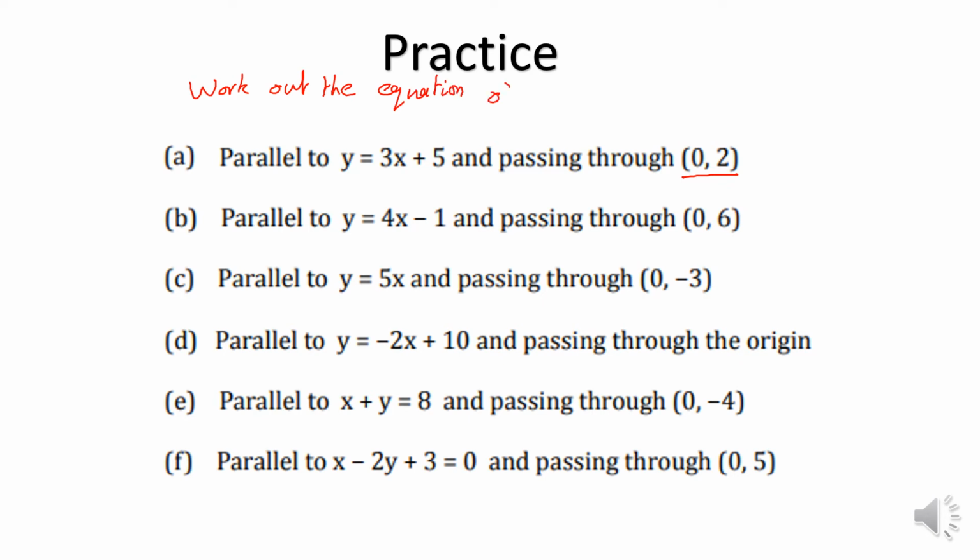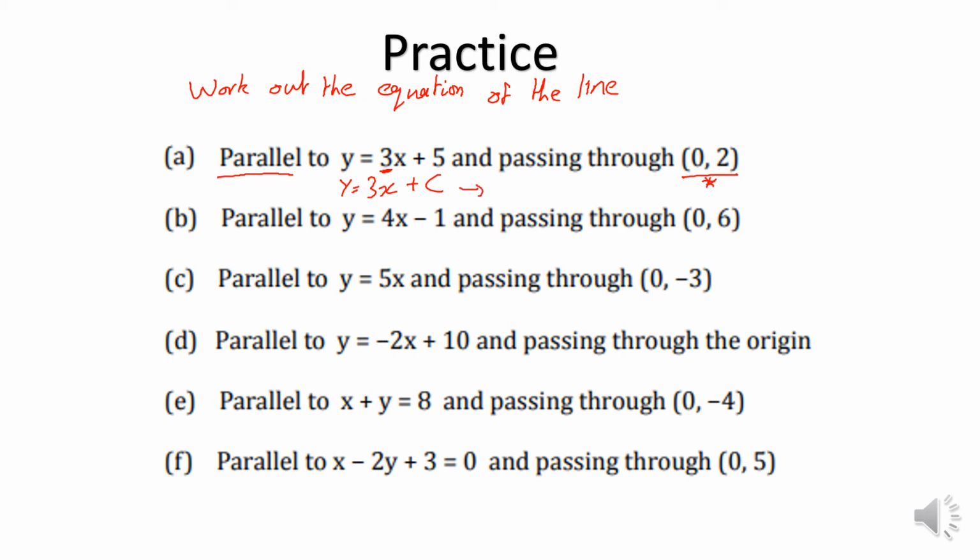So the key thing to look at is that it is parallel to, and then it tells you another line. So if it's parallel, that means it has the same gradient. So for this first one, it's going to be y equals 3x plus something. You need to use this coordinate then to work out the something.